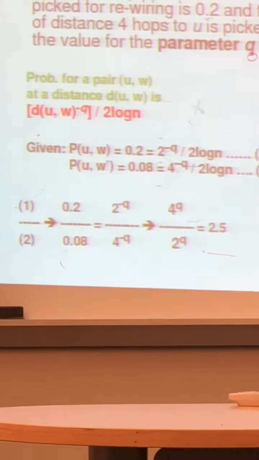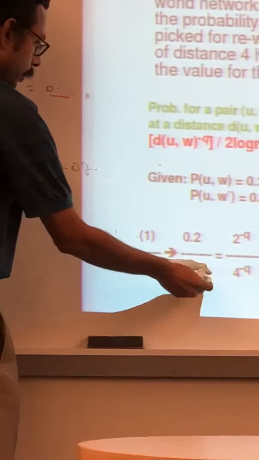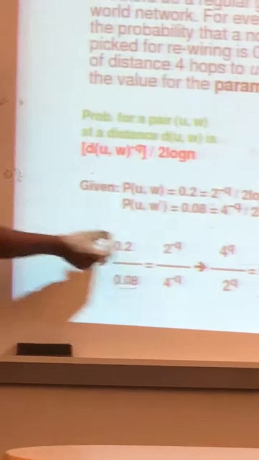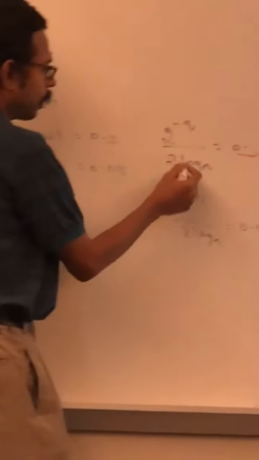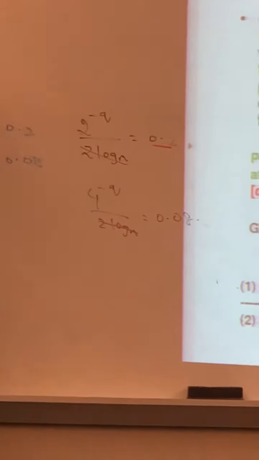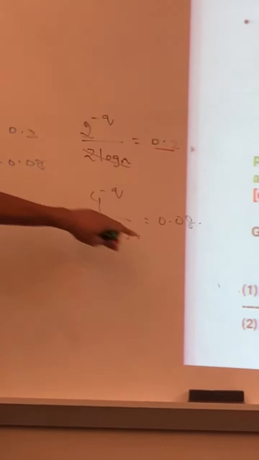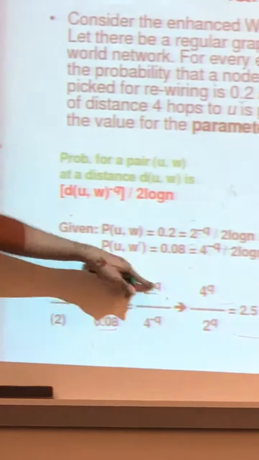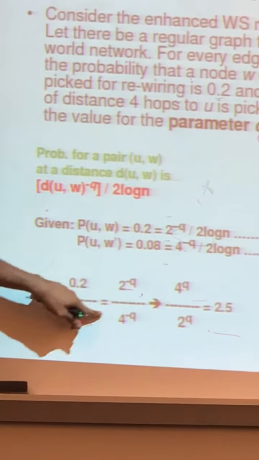You get 0.2 divided by 0.08. What about this side? It's going to be 2 to the power negative q, then the 2 log n and 2 log n will cancel out, divided by 4 to the negative q. So all you have to now do is simplify this expression and solve for q.